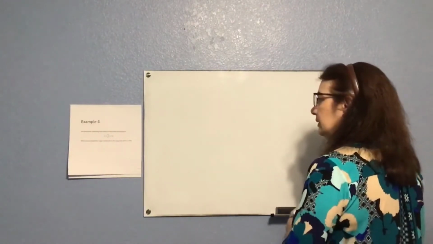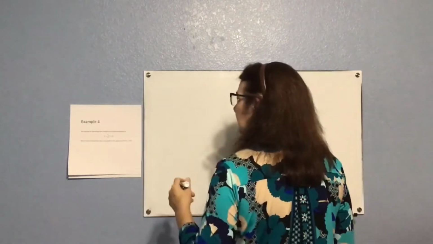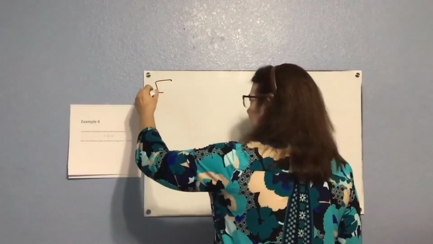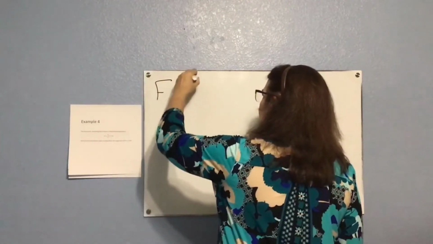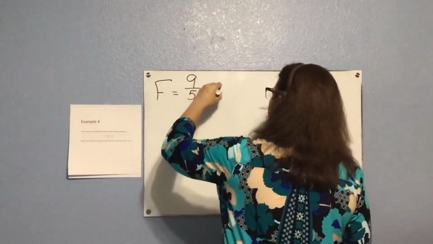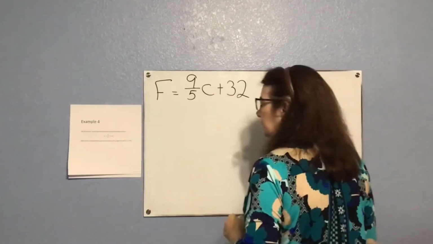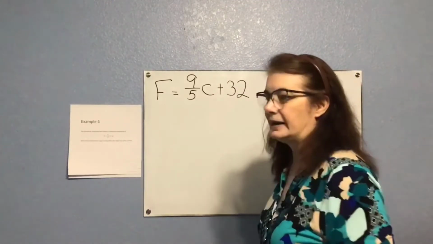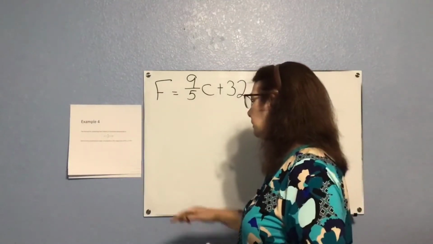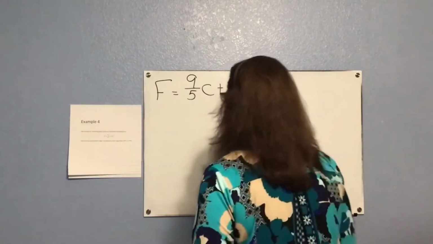So in this one, we say the formula to convert from Celsius to Fahrenheit looks like this. F equals 9/5 C plus 32. And we're asked to find a Celsius temperature range that corresponds to a range from 32 to 77 degrees Fahrenheit.